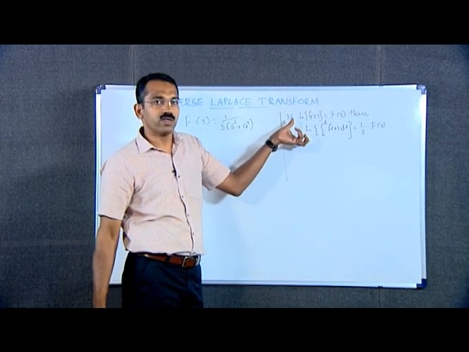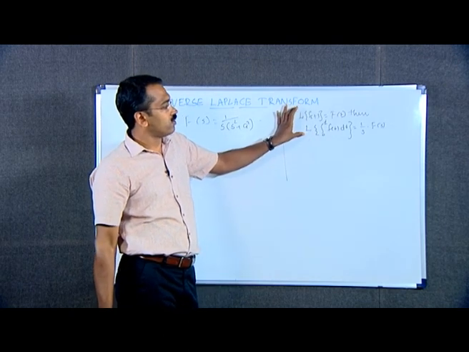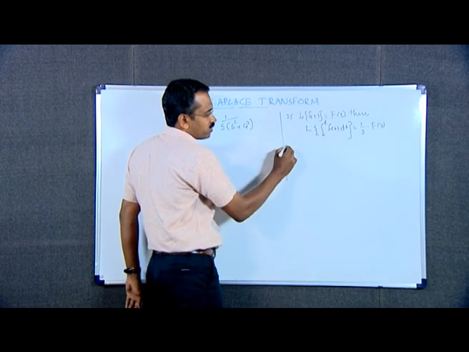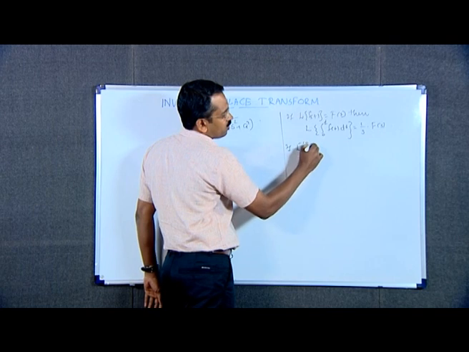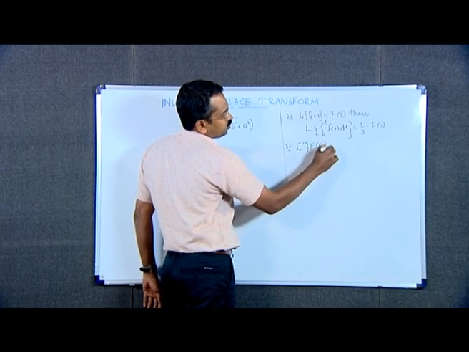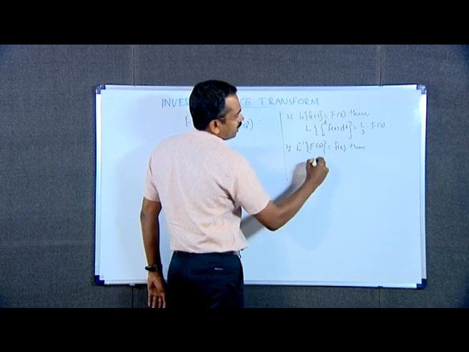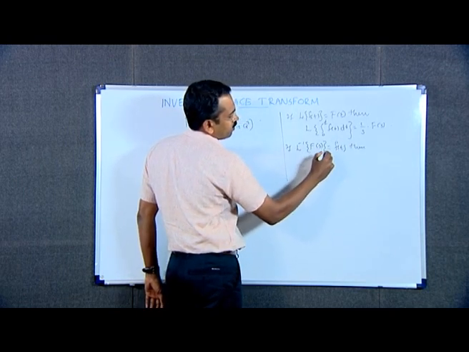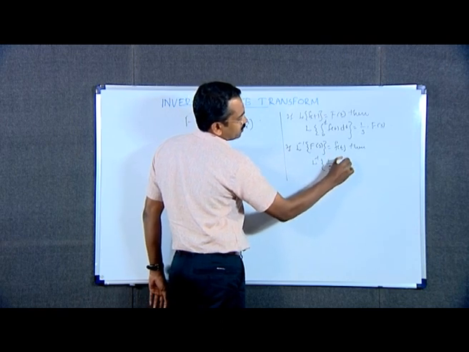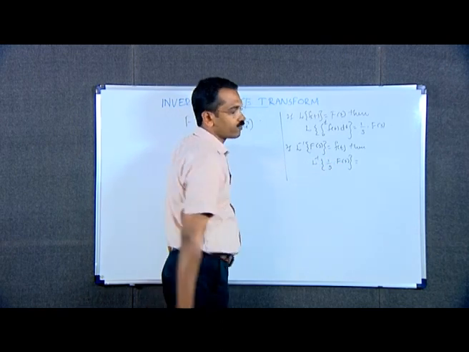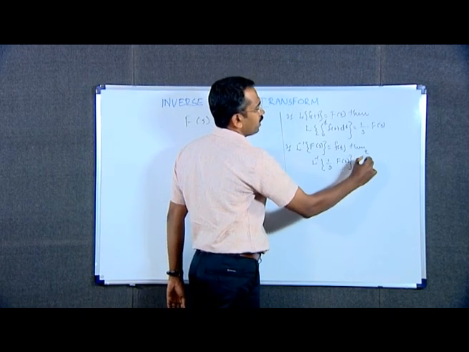Now, taking the inverse Laplace transform, we get if L inverse of f of s is equal to f of t, then L inverse of 1 by s into f of s is equal to integral from 0 to t f of t dt.